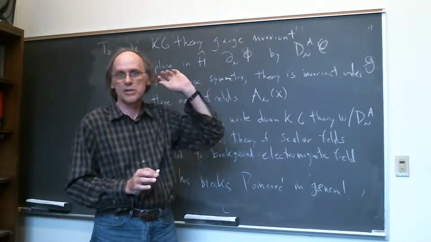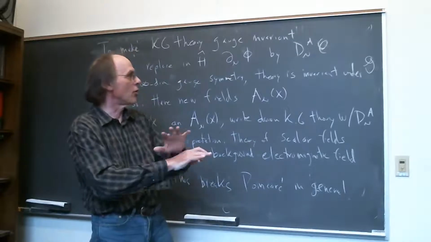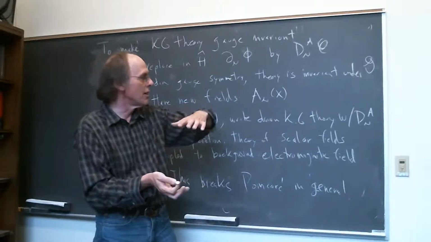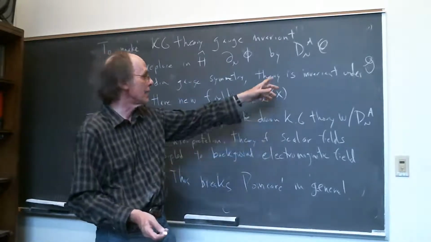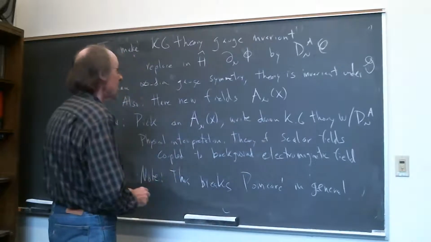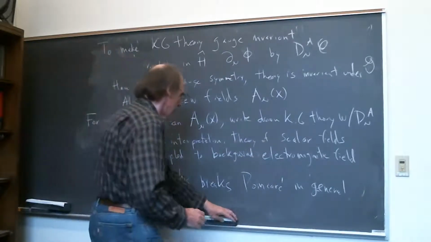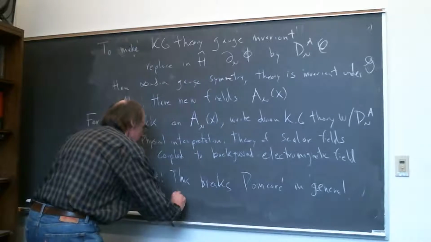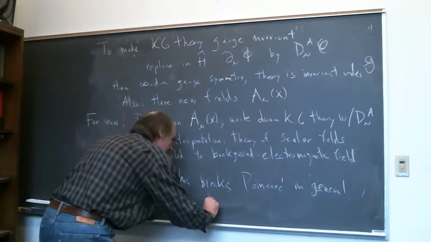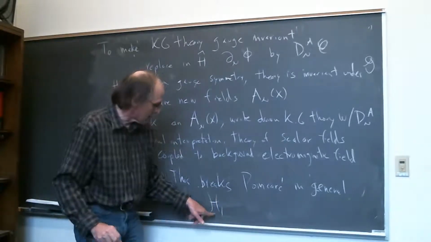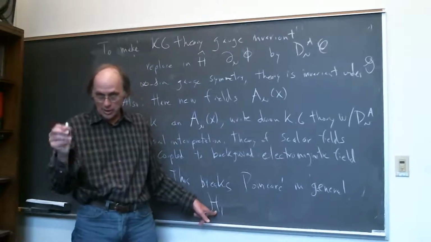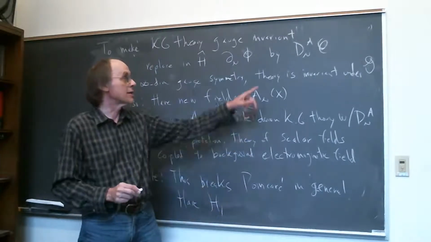Okay. So all of your states, you still have a perfectly decent notion of what I call H1. So you have a notion of what are the solutions to the Klein-Gordon equation in this background.